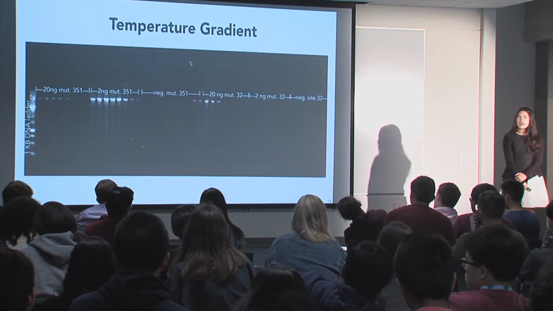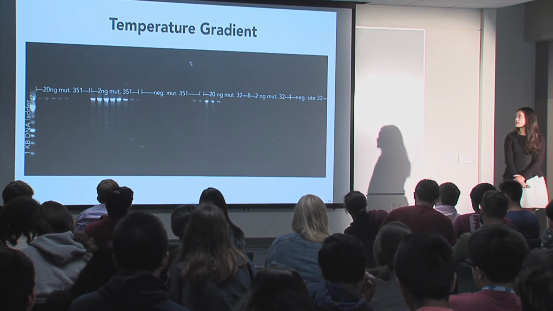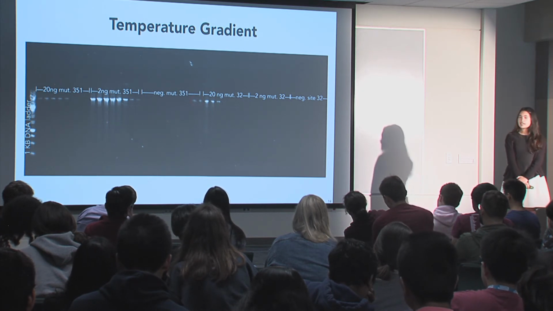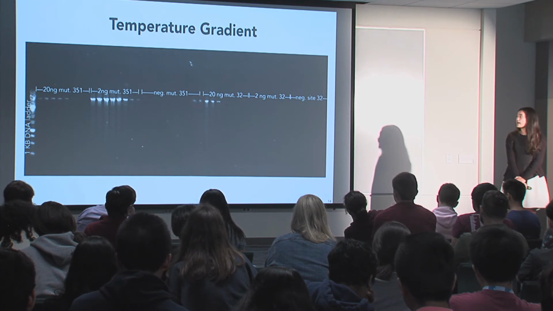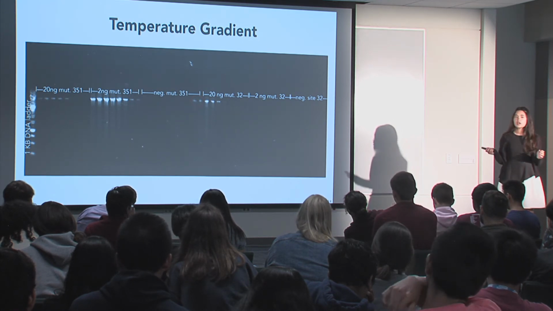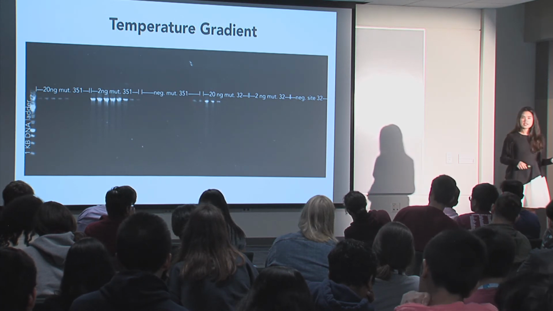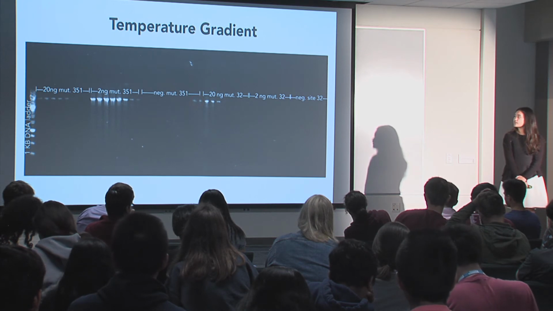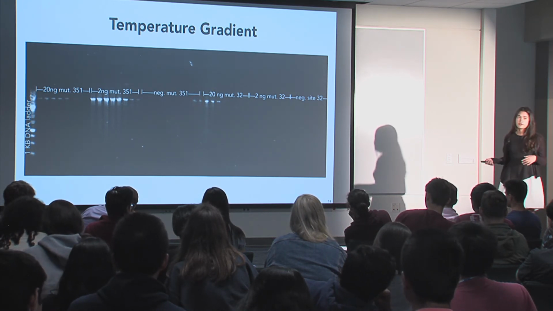So we decided to run these PCRs at a temperature gradient, and we varied them by concentrations of DNA as well. The first lane, once again, is a 1 kilobase paired DNA ladder, and the next 8 samples are 20 nanograms run at a temperature gradient from 58 degrees to 67 degrees. The first 8 are 20 nanograms of DNA for mutation site 351.